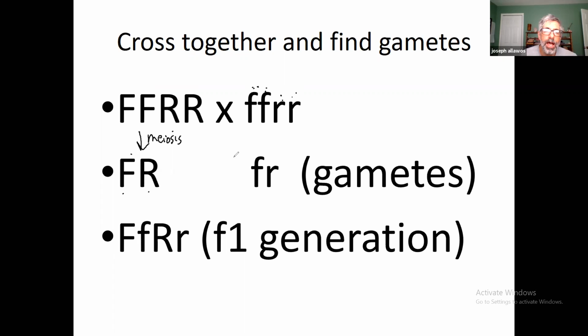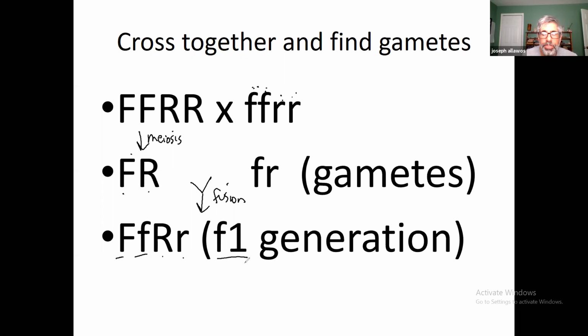So now what do gametes do? They fuse, and put the F's and the R's back together. It's called restoring homology. You put the same letters back together. So don't write big F, big R, little f, little r. Put the big F and the little f together. Put the big R and the little r together.